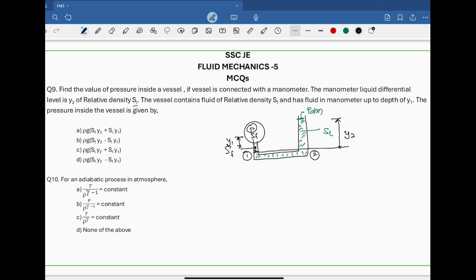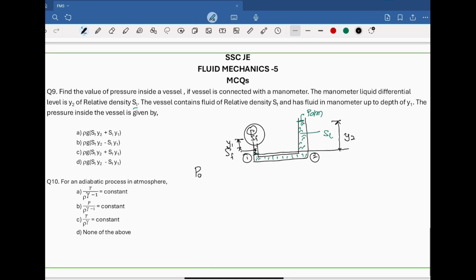That means P atmosphere plus SL into Y2, at level 1 and 2 the pressure will be the same, is equal to Y1 into SF plus P. This is the pressure inside the vessel.